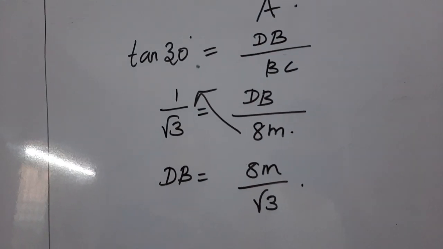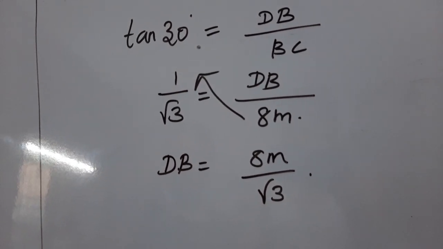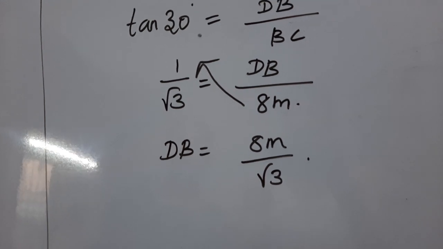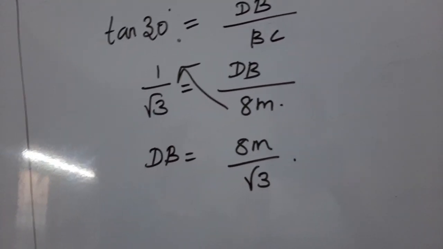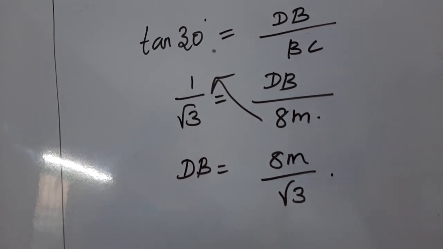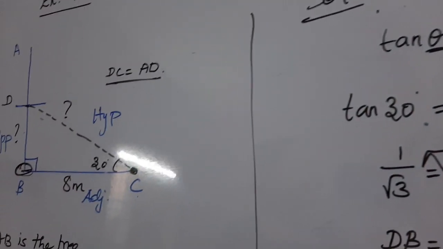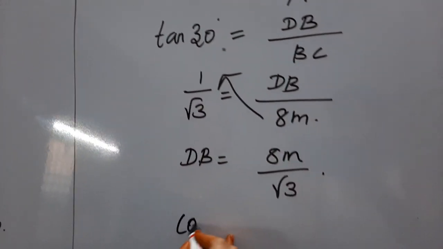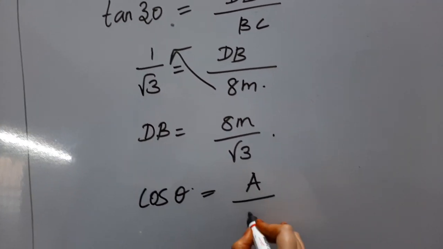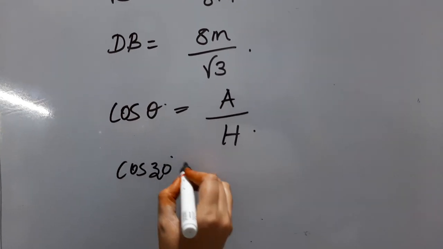Okay, the opposite side value we got. Now we need to find out the value of the hypotenuse. What is the trigonometric ratio that relates the opposite and hypotenuse? That is sine. We did not know the opposite value, so let's stop with that. And what is the trigonometric ratio that relates adjacent side and hypotenuse? Adjacent upon hypotenuse, that is cos theta. So here the angle is also 30.